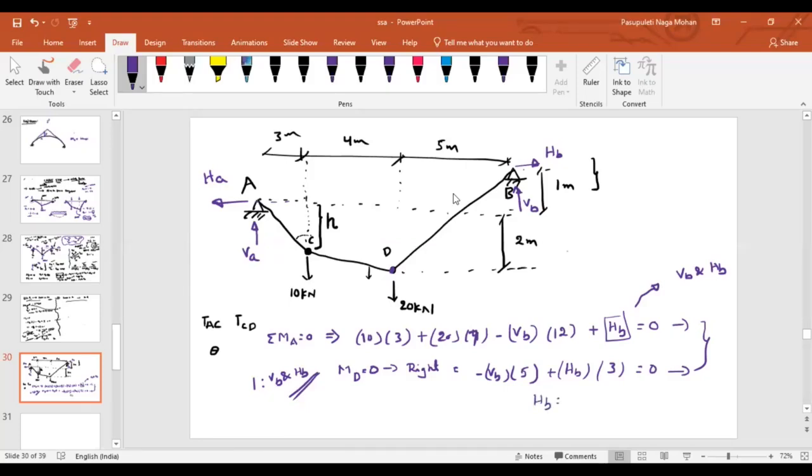HB is nothing but 5 by 3, around 1.667 VB. So I know this value 1.667. So total my reaction will be minus 10.33 VB. If it is an exam hall, that's how you should do the calculation in your head and then do the final calculation.